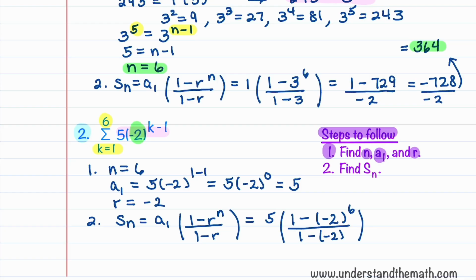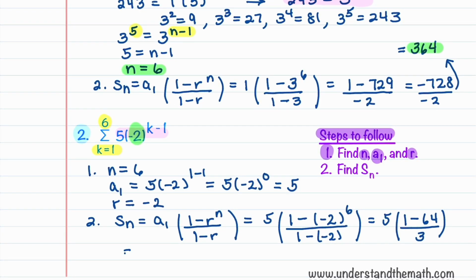Lots of negatives going on here. This is 5 times 1 minus negative 2 raised to the 6th power. That's actually equal to 64. And then in the denominator, we have 1 minus a negative 2, so that's 1 plus 2, which is 3. Let's come down here to the lower left.